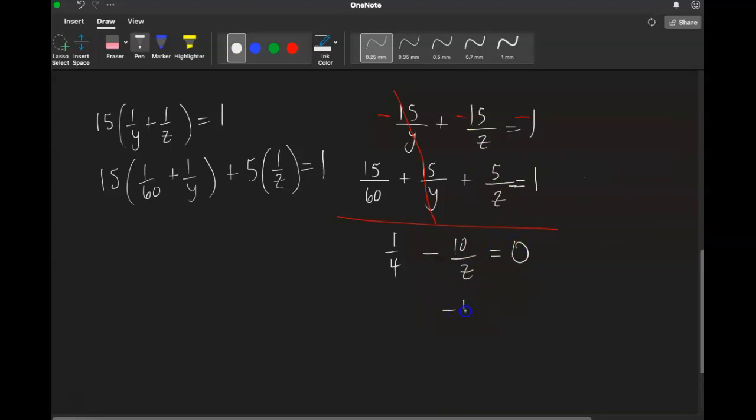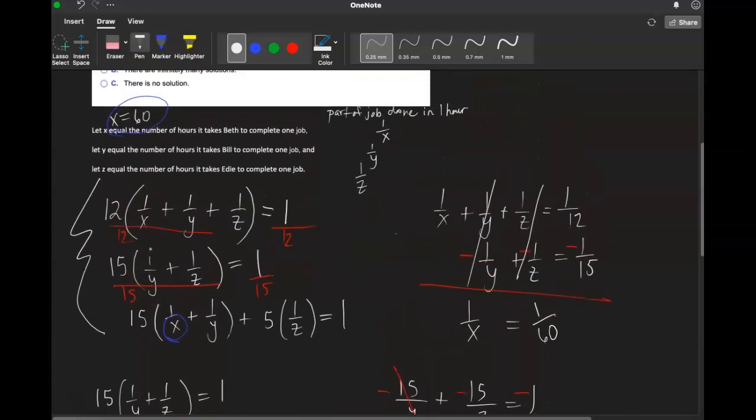And then keep solving here. And I could use cross multiplication to help me solve this. So z equals 40. And I'll make a note of that up above, that z equals 40.